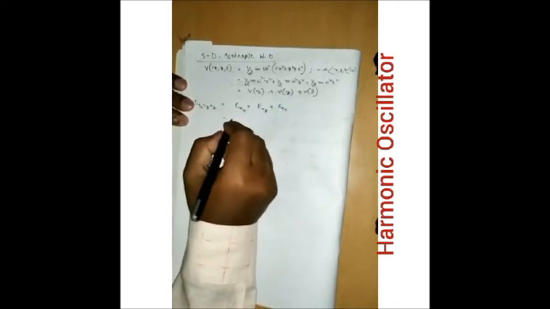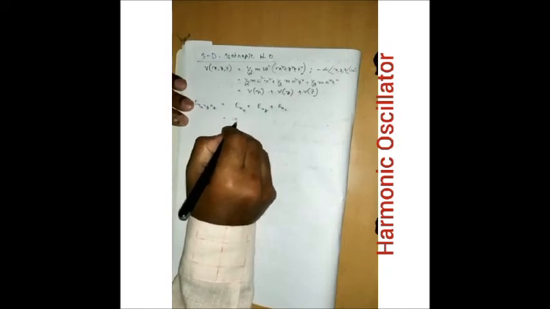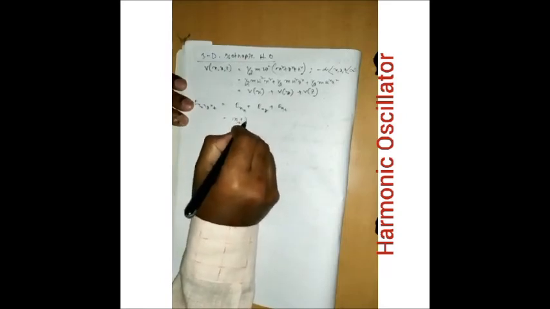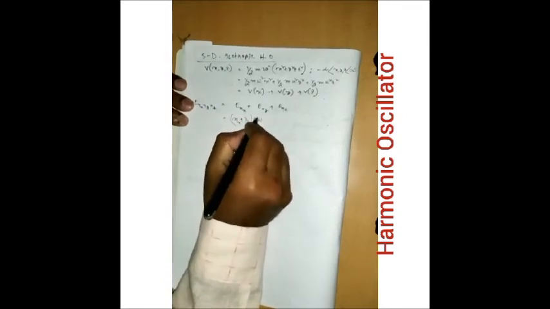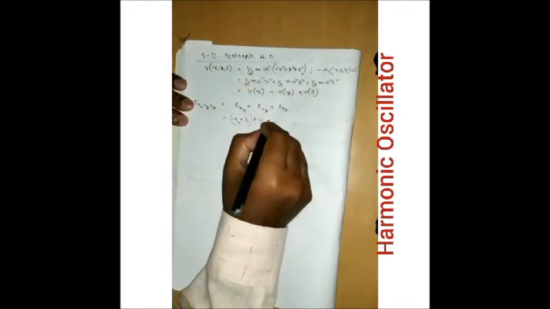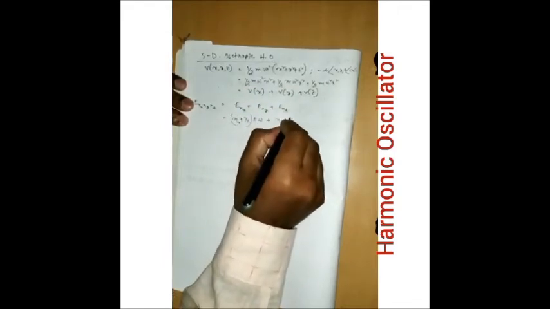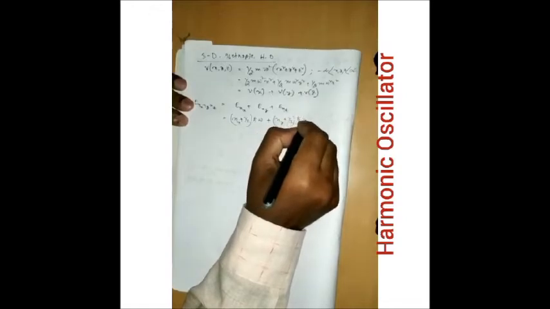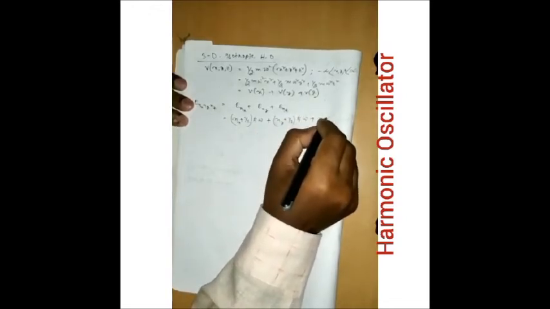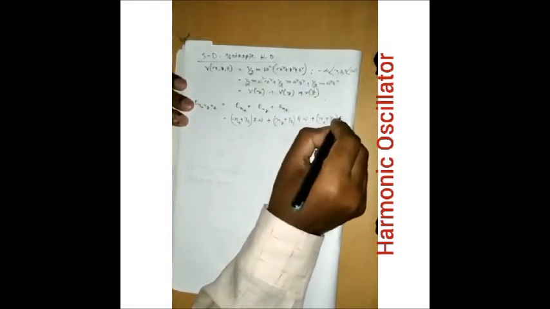So for V(x), the energy eigenvalue is (nx plus half) h-bar omega, frequencies are same, plus (ny plus half) h-bar omega plus (nz plus half) h-bar omega.